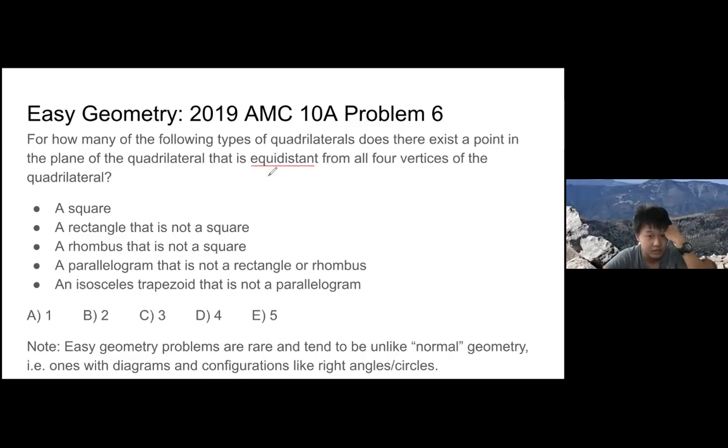Equidistant means equal distance. Does anyone have any ideas? Now that I think about it, I'm not sure if this one's considered easy. Does anyone want to share how they would do this problem, though?